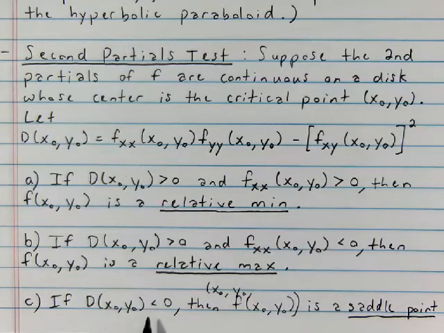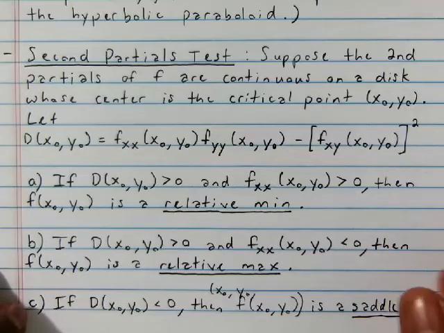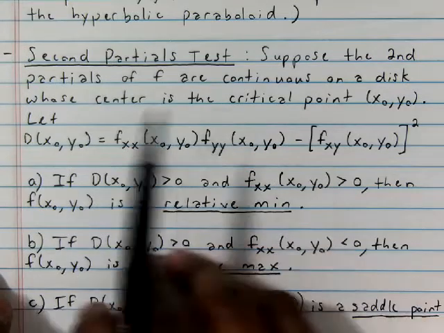If D is less than 0, you don't need to consider f sub xx or f sub yy at all. You know immediately that your point was a saddle point. And then if D is equal to 0, this test is inconclusive. So you can't get any information if you find out that D is equal to 0.